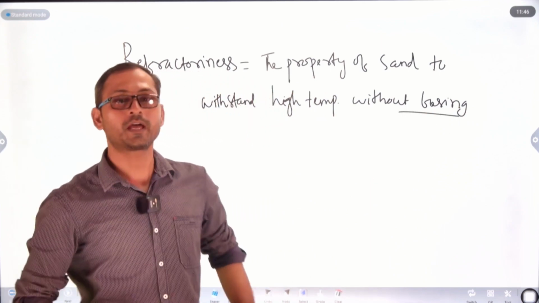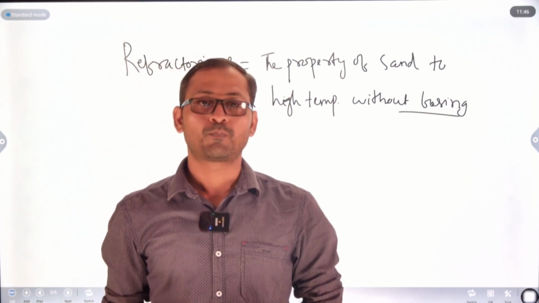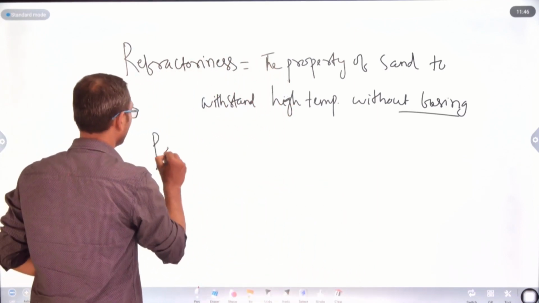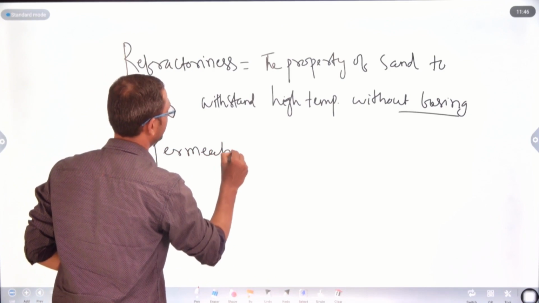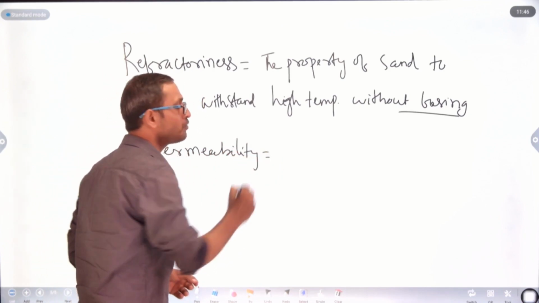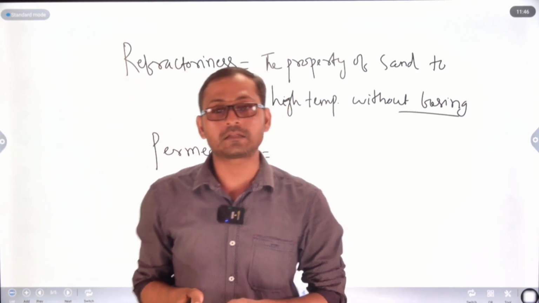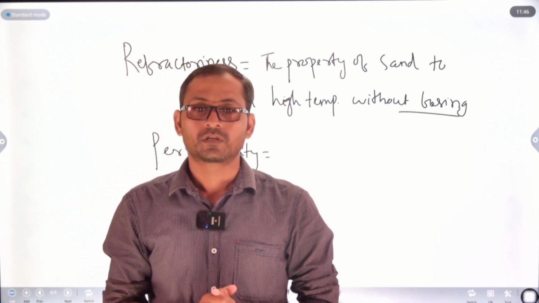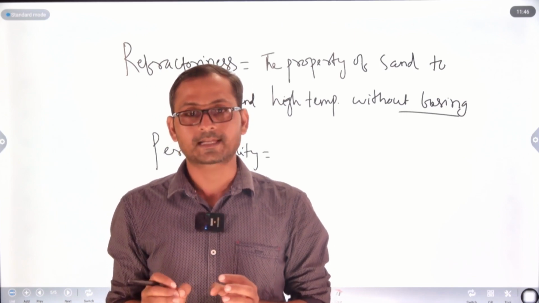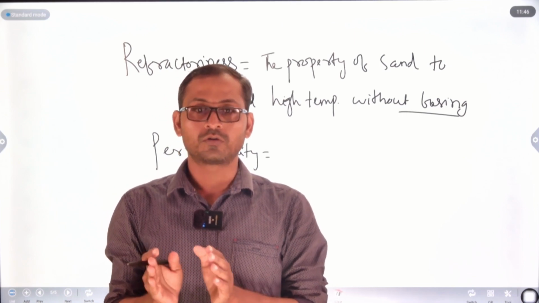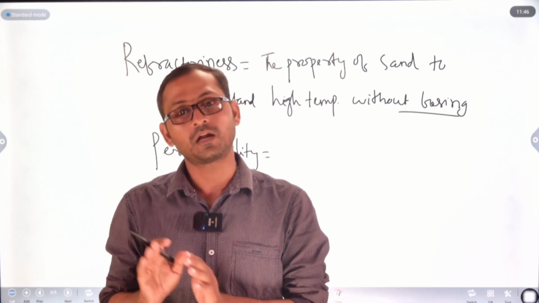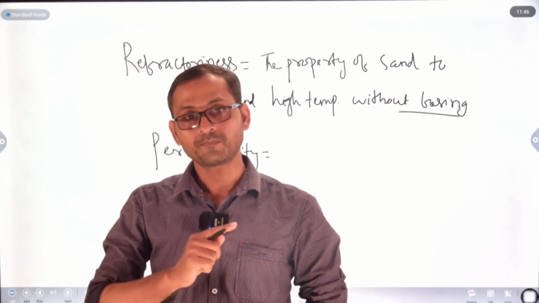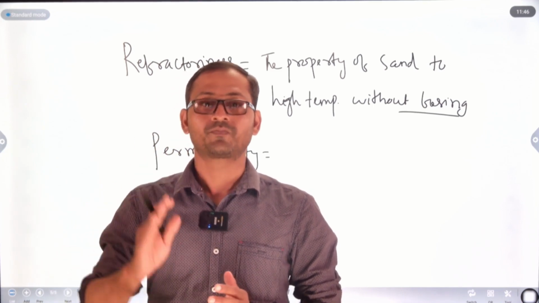So next, another property is permeability. What is that permeability? Because during pouring of molten metal in the sand bed, some gases are trapped inside the cavity. Some gases also escape from the sand bed and core sand, so they have to pass through the mold.